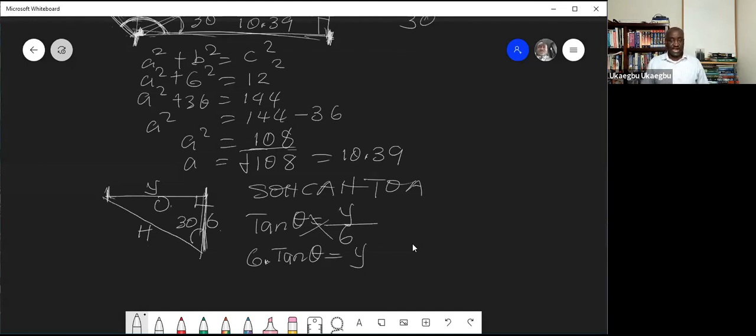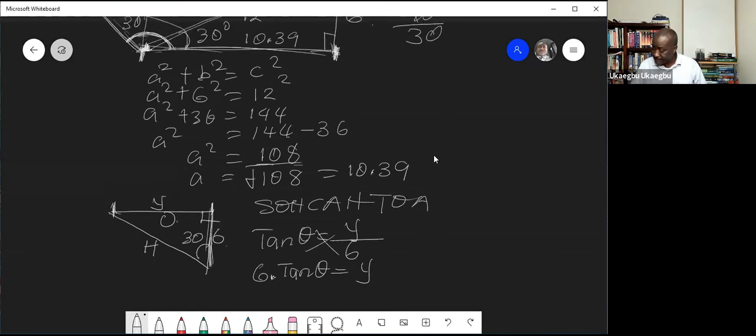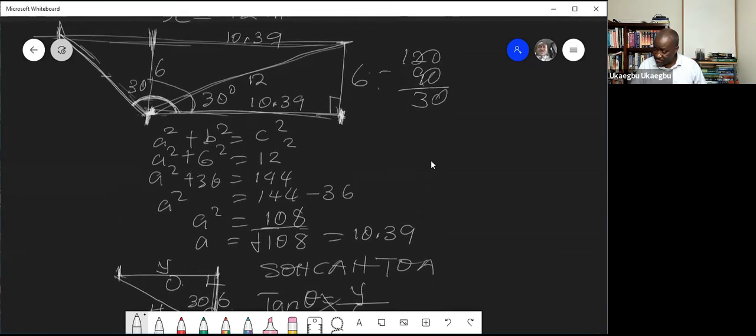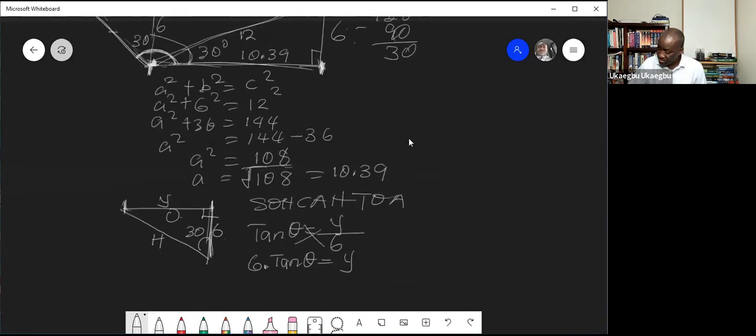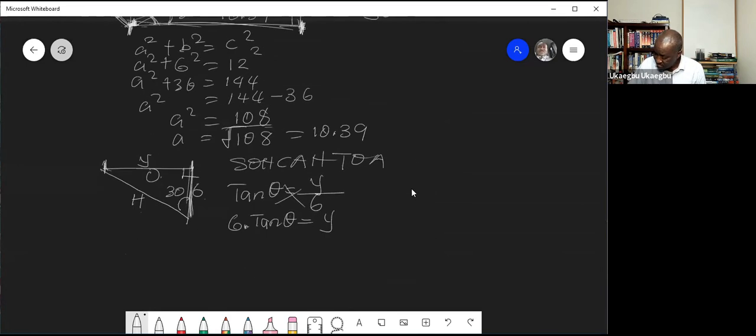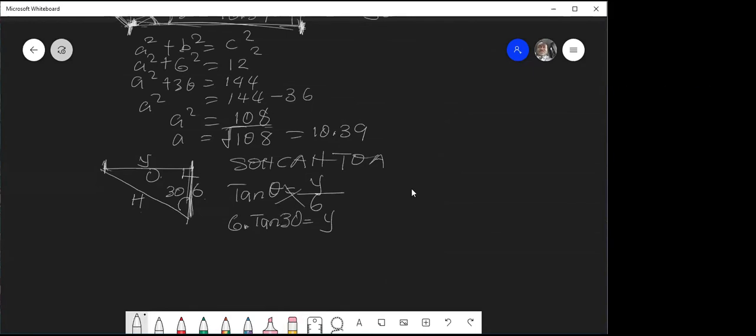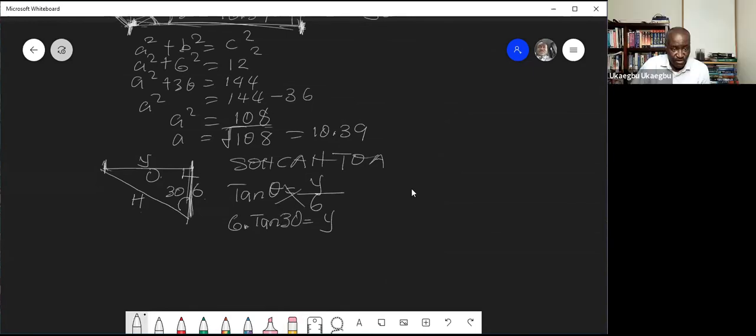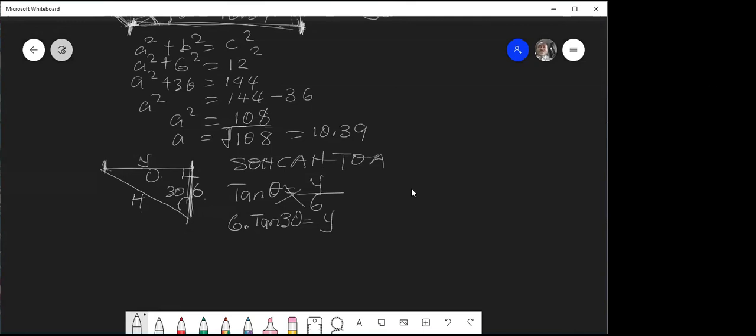So now use your calculator again. What do you get? 6 multiplied by tangent of 30 degrees. This is 30 degrees. Got 3.46? Yeah. Who else got 3.46?